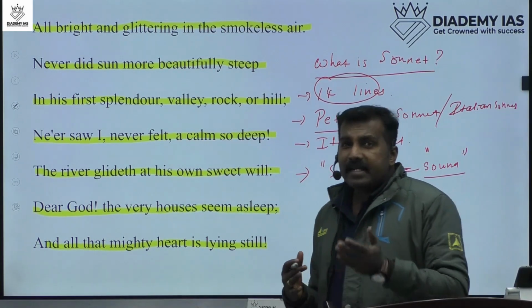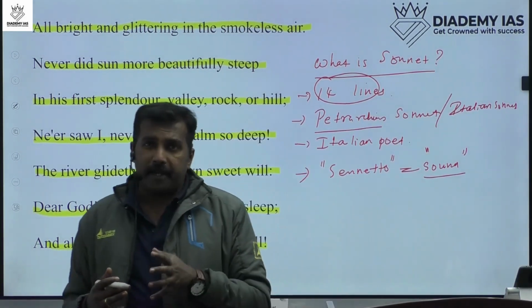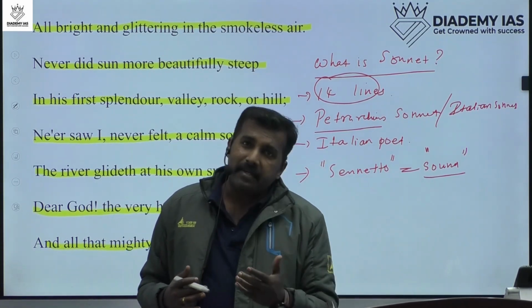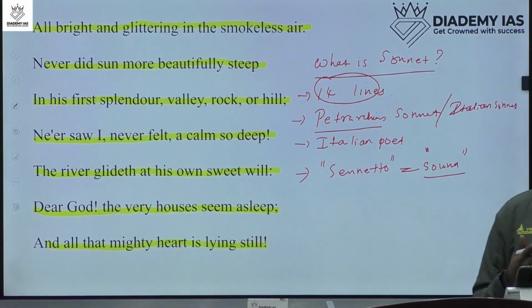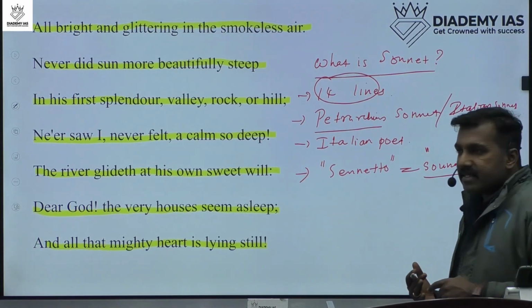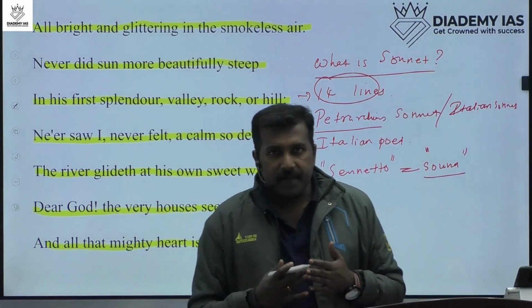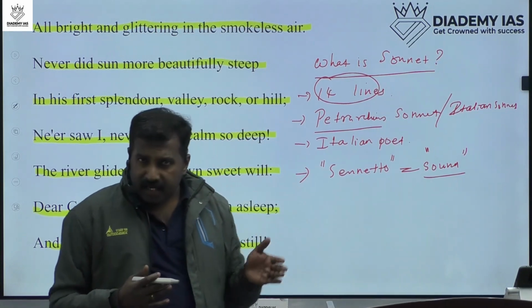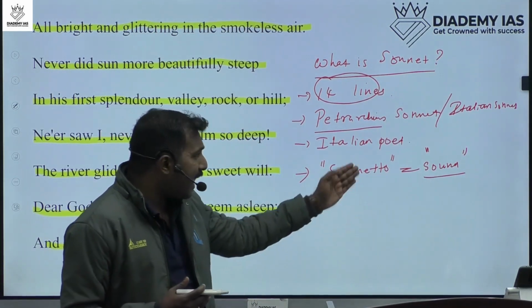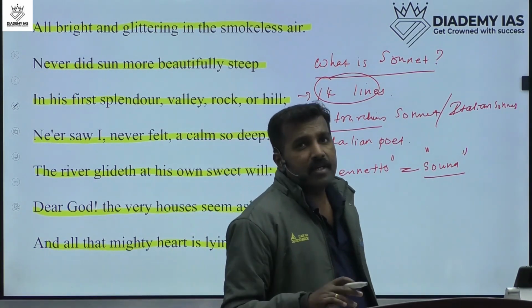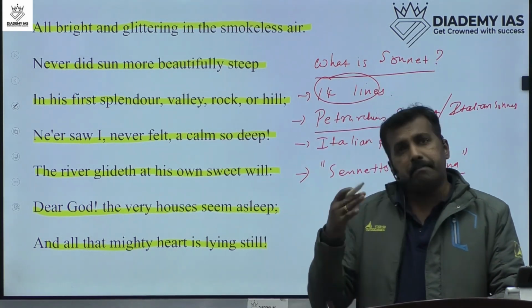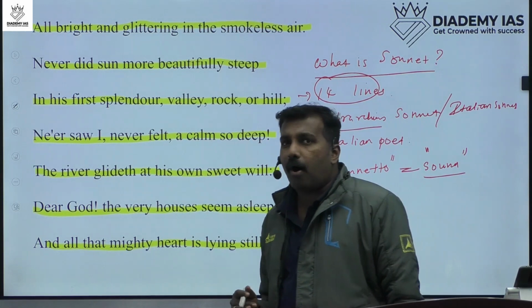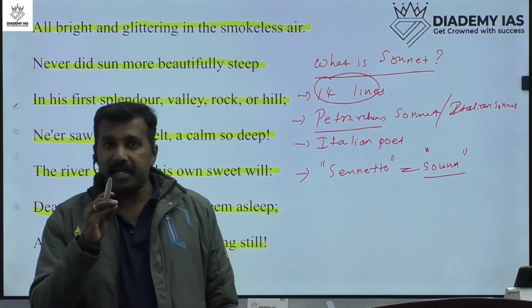And this type of poem is generally named a Petrarchan sonnet. Why Petrarchan sonnet? Because in English literature, Petrarch, who was an Italian poet, is considered the person behind the formation of sonnet literary works.